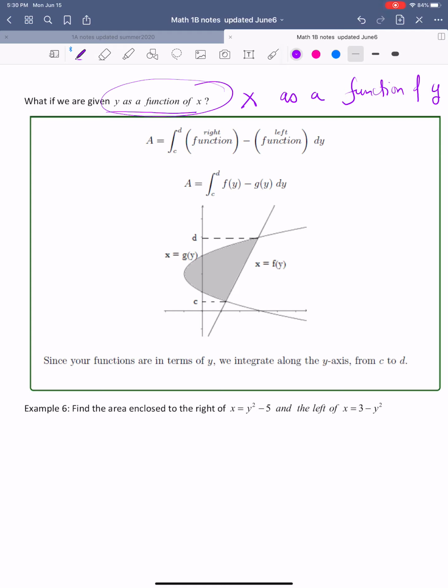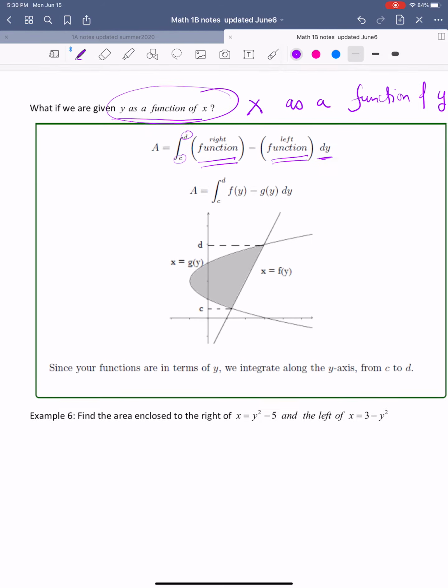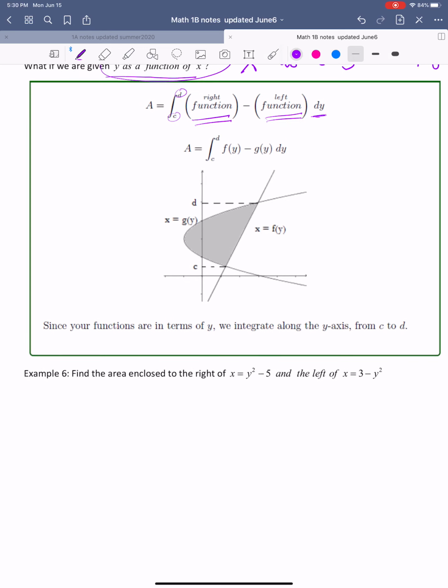In that case, c and d will be the y values, and we can have a right function and a left function and dy. Let's go ahead and look at an example from it. Again, please make that correction in your supplement. It's not y as a function of x. You should say x as a function of y.